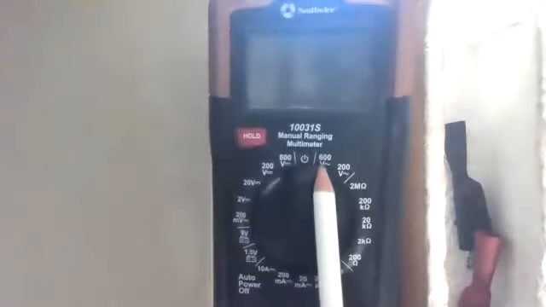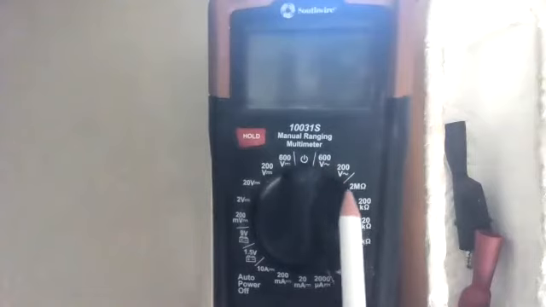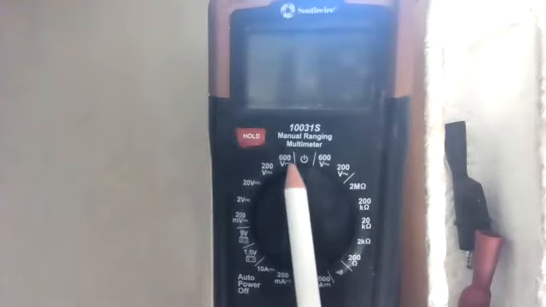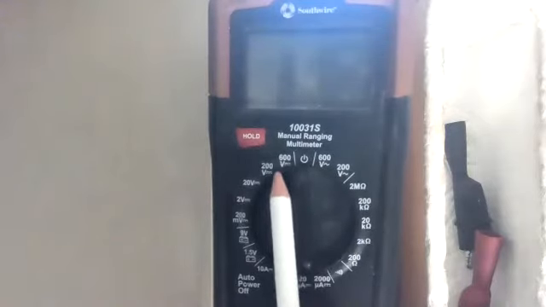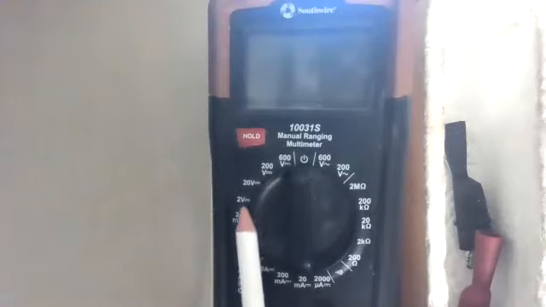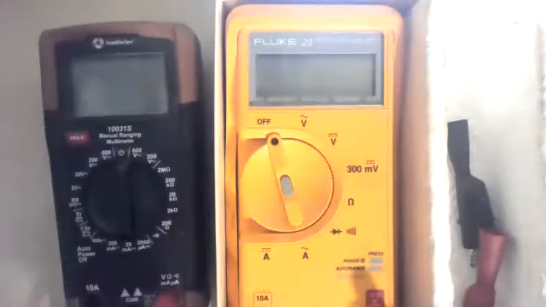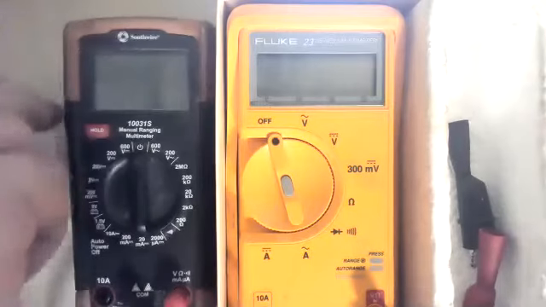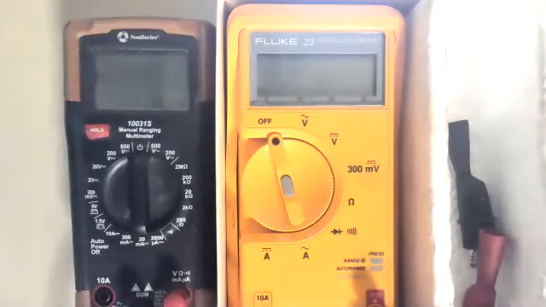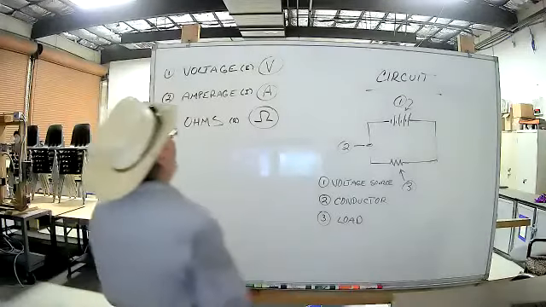There's a V with a wave, a V with a wave, and on this side, we have a V with a straight line. So basically, to keep this simple, we have two kinds of V's at this point. We have a V with a wave line and a V with a straight line with a dotted line over it.